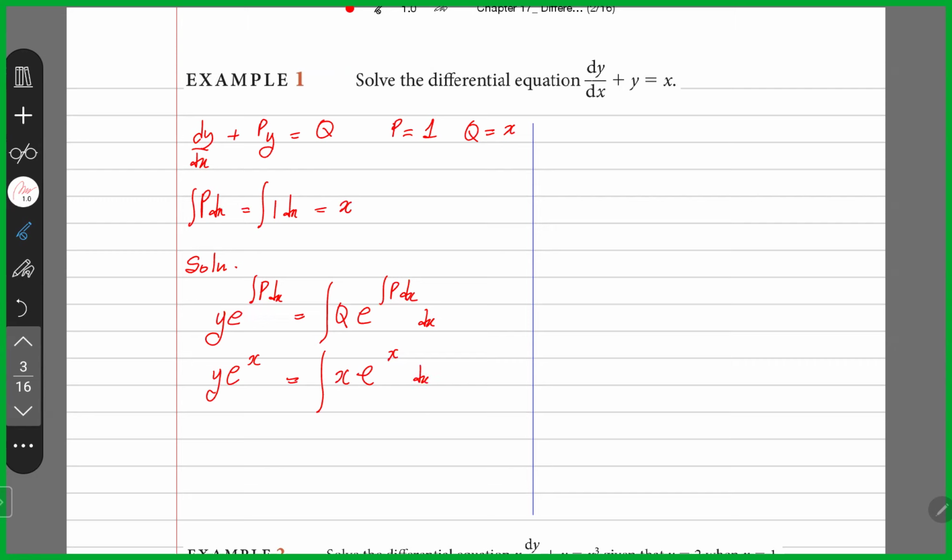So in order to get my solution, I need to integrate x e to the x, and I'm going to integrate that by parts.